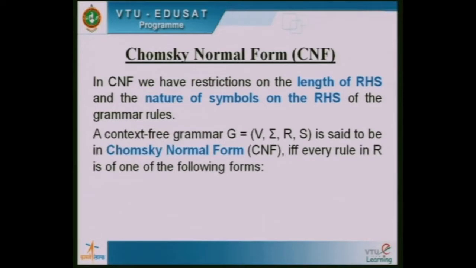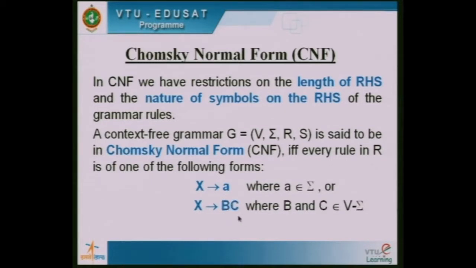The definition of CNF is, given a context free grammar G = (V, Σ, R, S), this CFG is said to be in CNF if and only if every rule in R is one of the following forms. Either X → a, that is only one terminal symbol at the RHS, or two non-terminal symbols at the RHS.